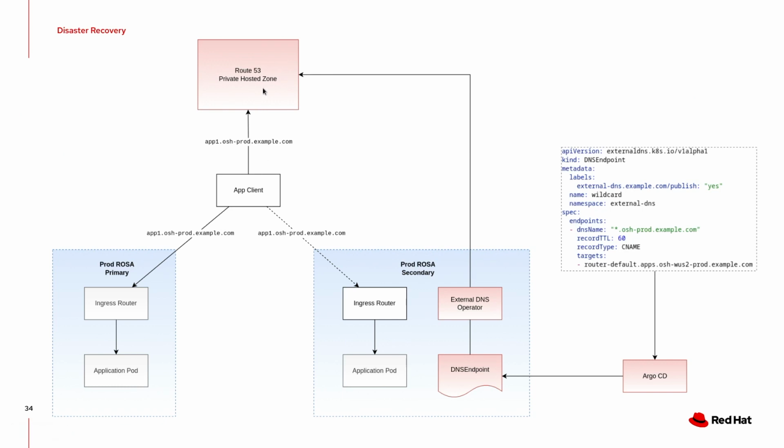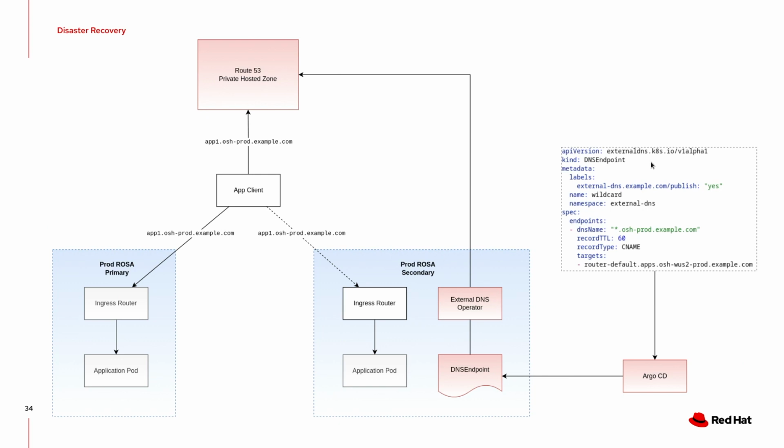Now, if we want to fail over the application traffic, we use a GitOps approach, where the DNS record in Route 53 is managed using a DNSEndpoint resource. This is a resource which is watched by our External DNS operator. So on your cluster, you install the External DNS operator, and then you can create DNSEndpoint resources which describe individual DNS records.